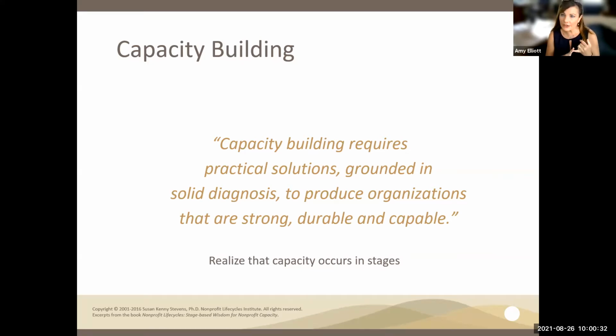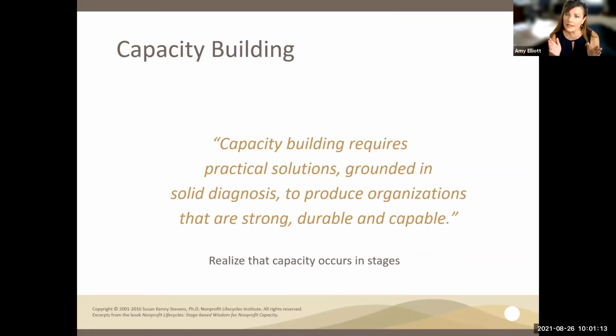Too many trainers, consultants, and workshops that are given for nonprofits that claim to help nonprofits build capacity are proposing best practices. And I am going to assert that my local food bank that is in the growth stage of its organization does not have the same solutions on the table as my local Red Cross that is in late maturity.